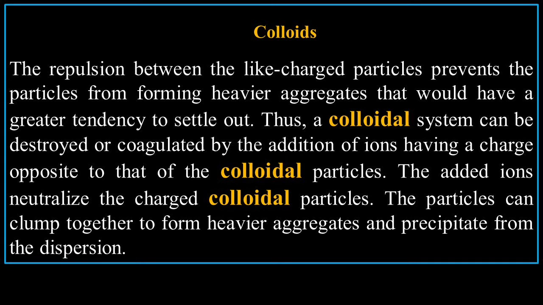The repulsion between the like-charged particles prevents the particles from forming heavier aggregates that would have a greater tendency to settle out. Thus, a colloidal system can be destroyed, or coagulated, by the addition of ions having a charge opposite to that of the colloidal particles. The added ions neutralize the charged colloidal particles. The particles can clump together to form heavier aggregates and precipitate from the dispersion.